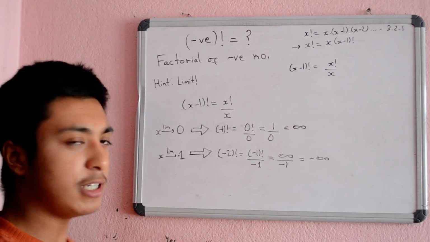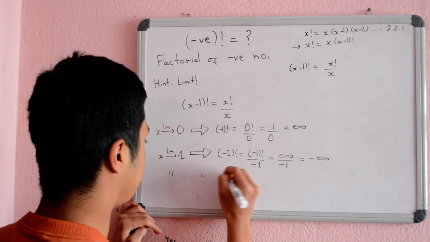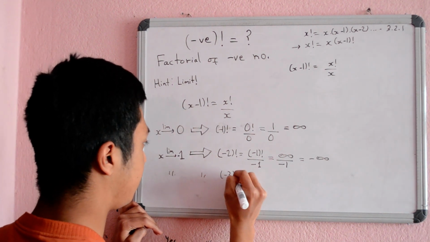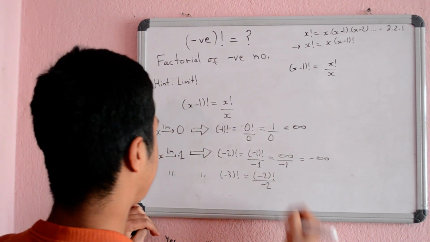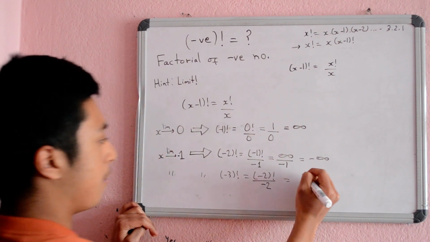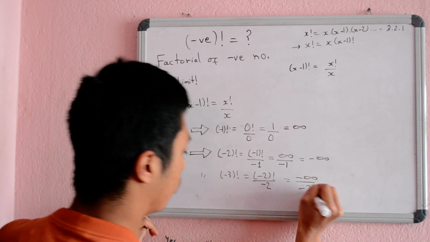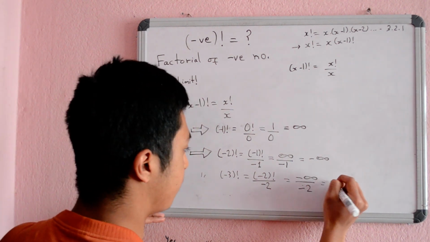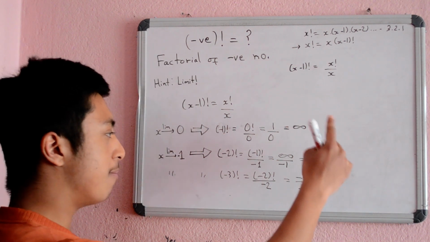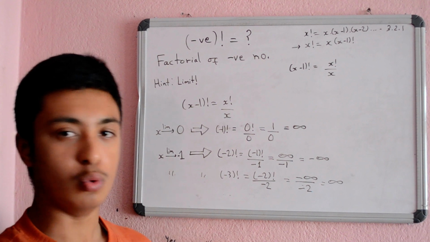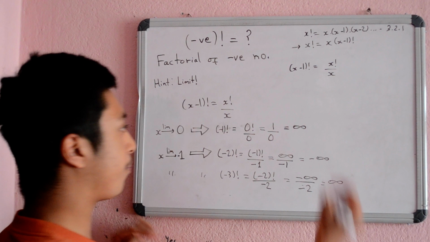So similarly, let's find negative 3 factorial, and you can guess what the limit will be. As x approaches minus 2, minus 3 factorial equals minus 2 factorial by minus 2. This will be minus infinity by negative 2, and here this will be infinity. So you can see the pattern: infinity, minus infinity, infinity, minus infinity, and so on.